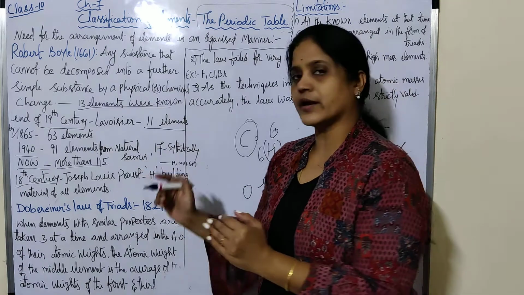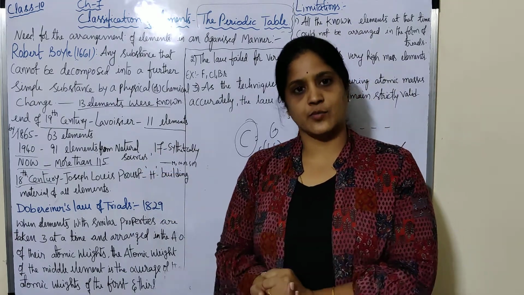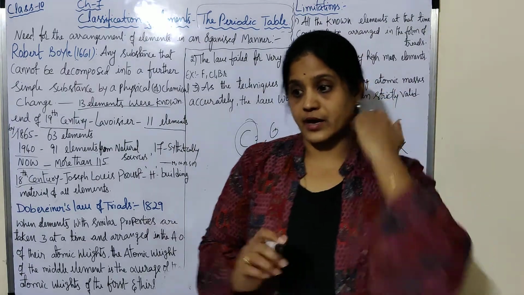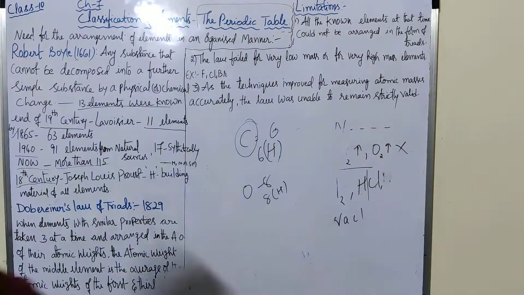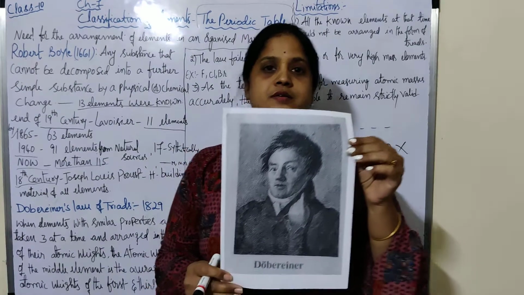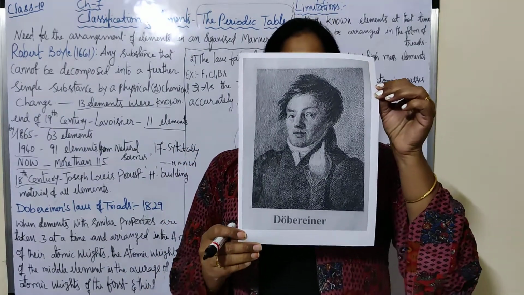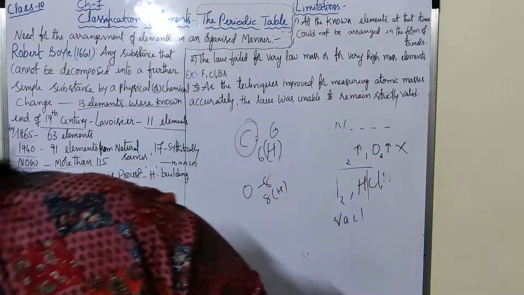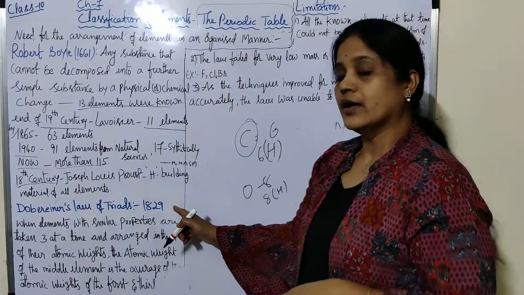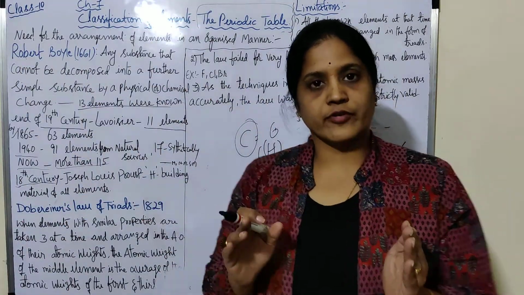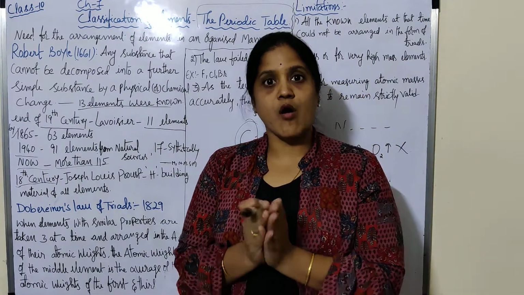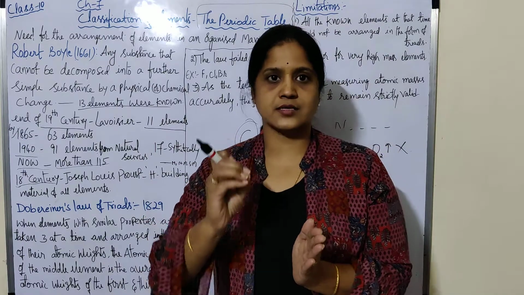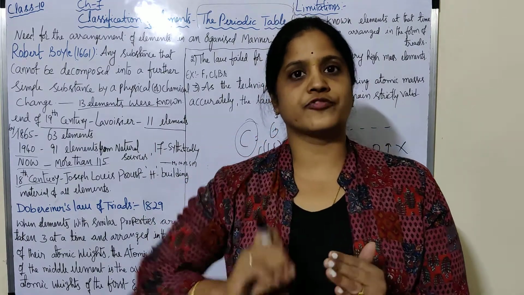How did Dobereiner classify the elements? Of the elements known at that time, Dobereiner arranged them in groups of 3 elements.